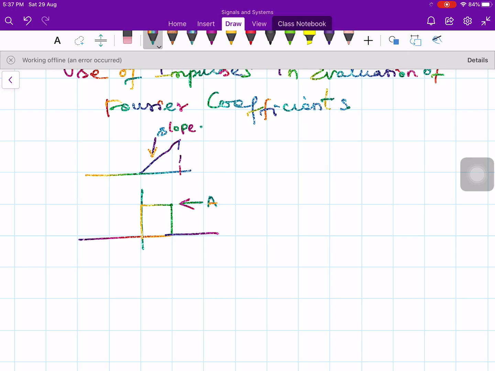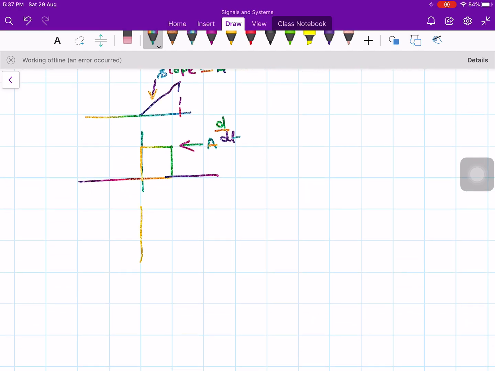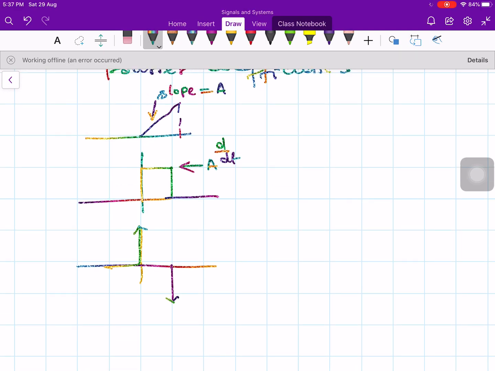If the slope is equal to A, then if you differentiate d by dt, you will get a square pulse. Again, if you differentiate one more time, there is one positive pulse and there is one negative pulse. So whenever you have a triangular pulse and you differentiate, triangular becomes square, and if you differentiate again, square becomes impulse.